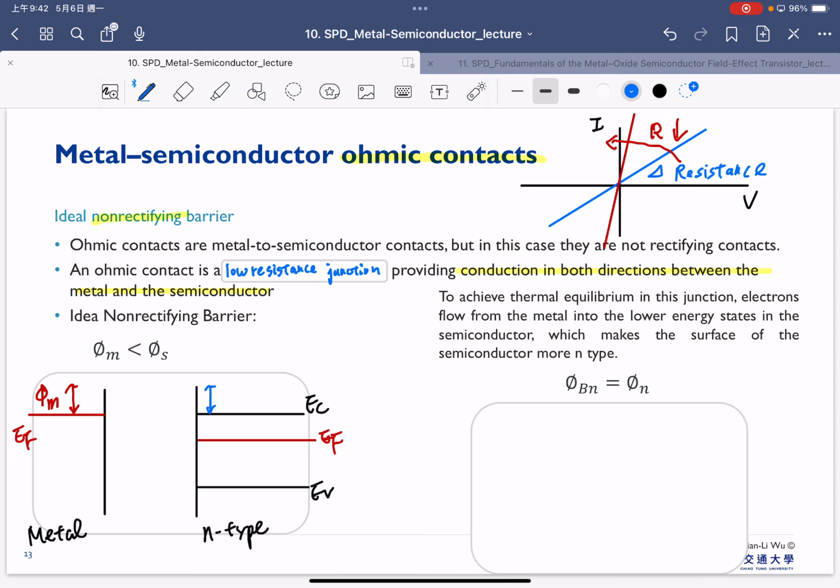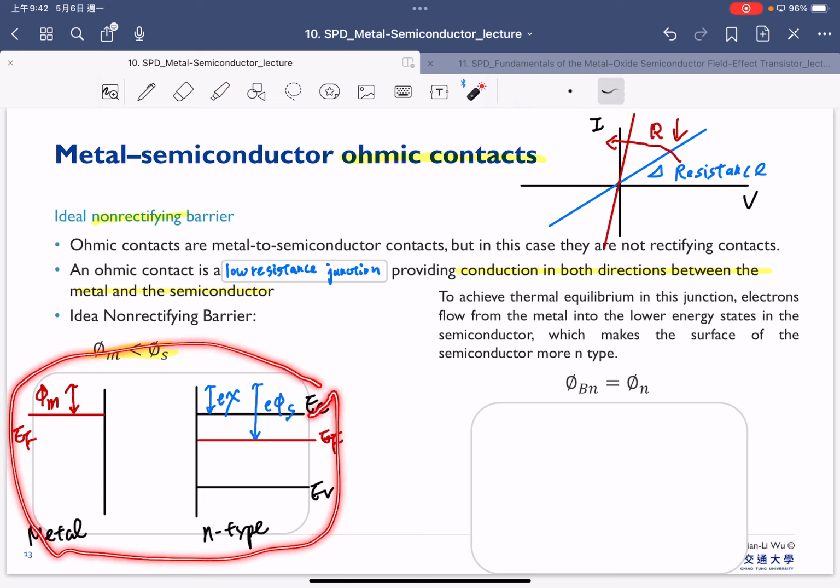One is the electron affinity, and another one is phi s. So this is the case where our phi m is smaller than our phi s, and the band diagram before we connect the metal and the semiconductor is shown here.